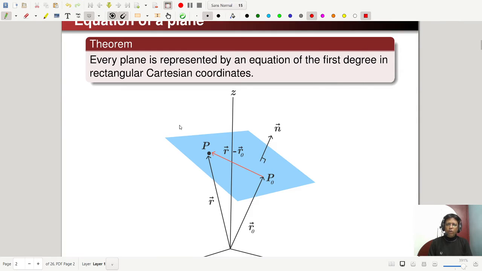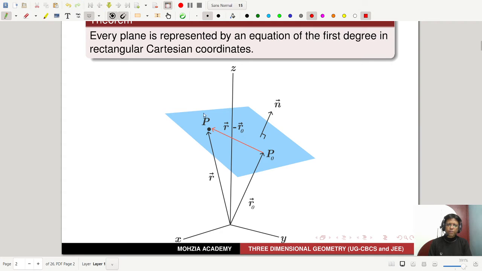Now, what we initially talked about, that any first degree equation in x, y, z represents a plane, that theorem is stated here, and this is the diagram.